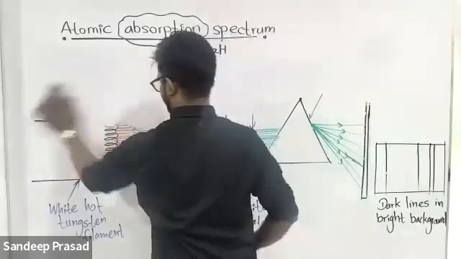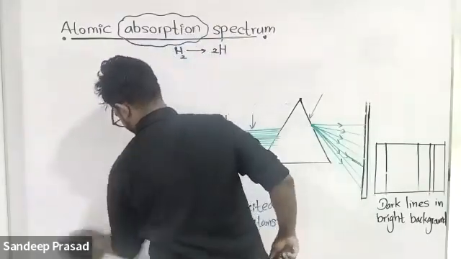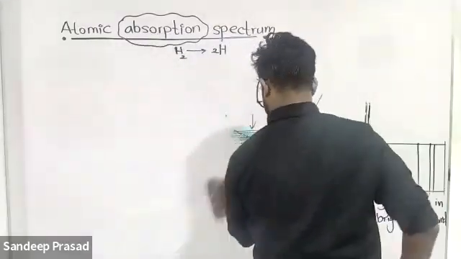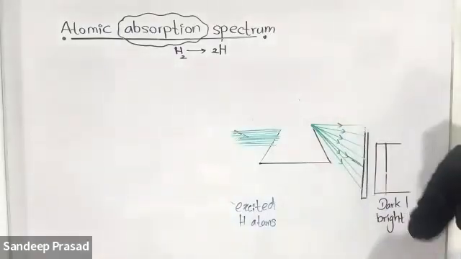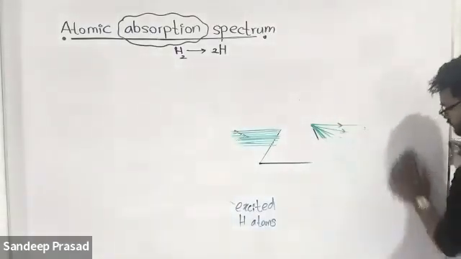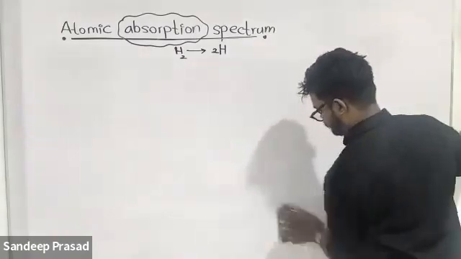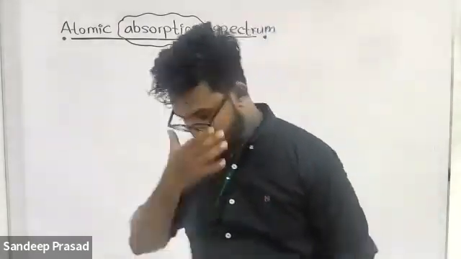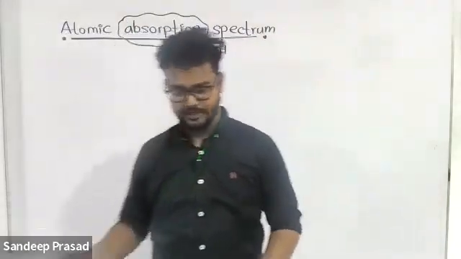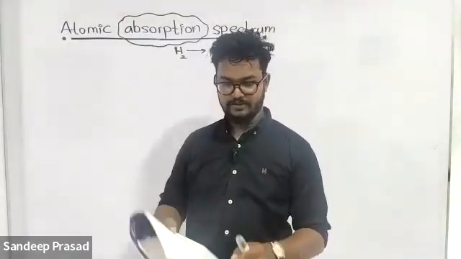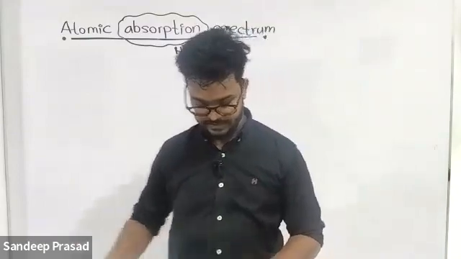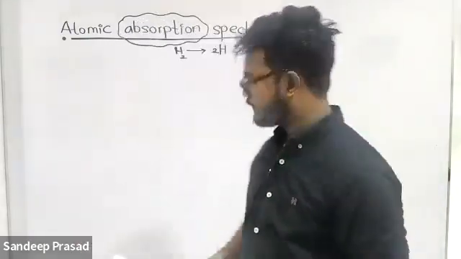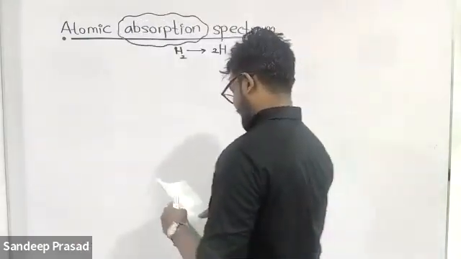Now write down in page number 32. I have given you space. After the topic atomic absorption spectrum, you are given some rules to write down there. Quickly write down.